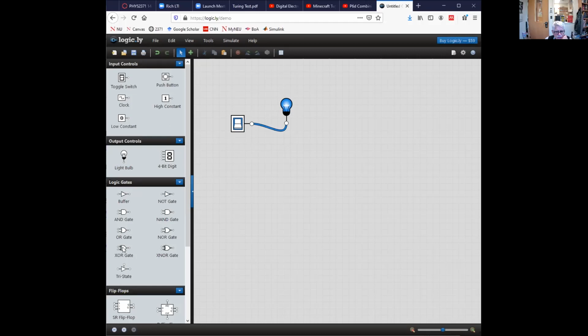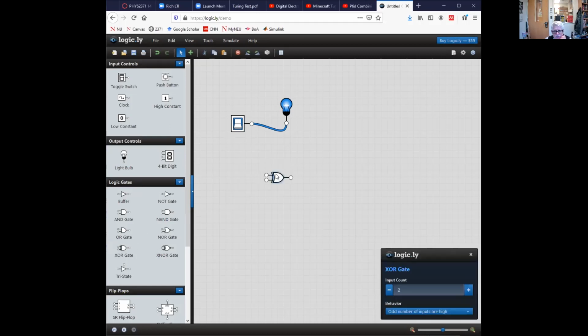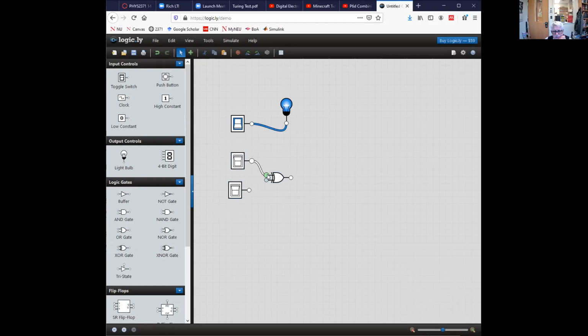Okay, so you can take the XOR gate. You have 2 inputs, so you can have two switches here. Hook up the two switches, see what the output is. That'd be like your LED.